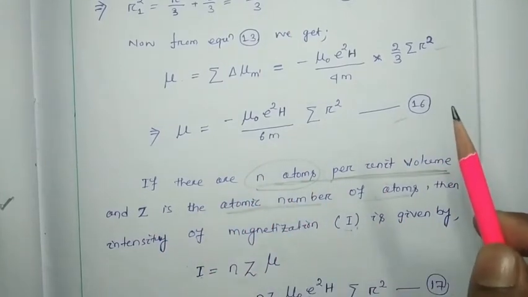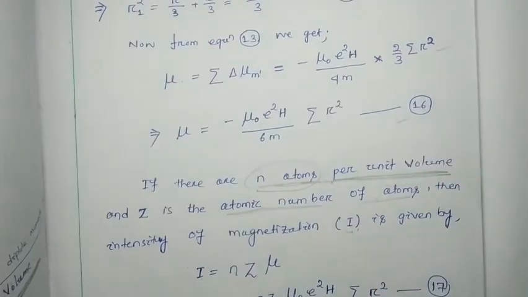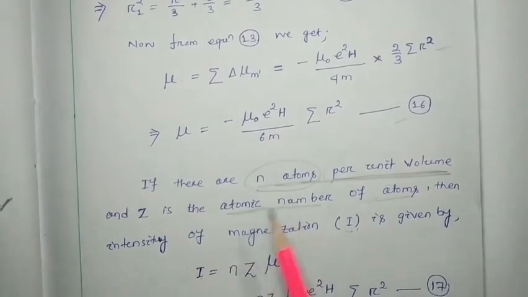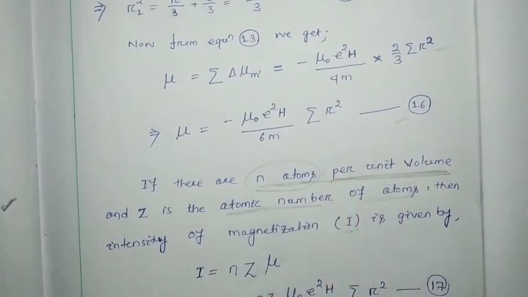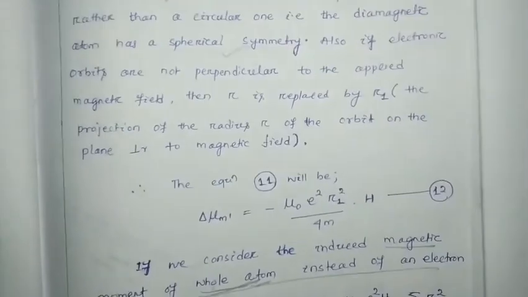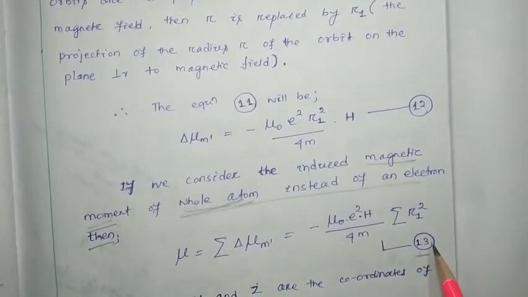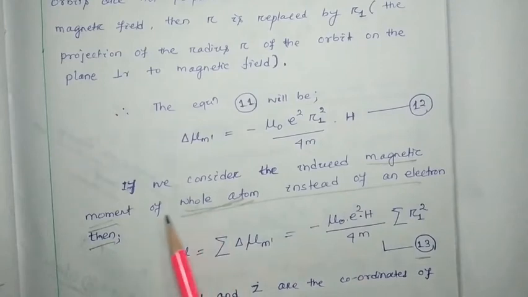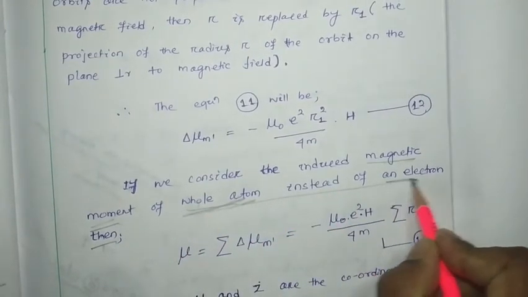So what will be the value? The total will be n Z mu. See, I am going to explain again. Equation number 13 gives us the induced magnetic moment of a whole atom having only one electron.